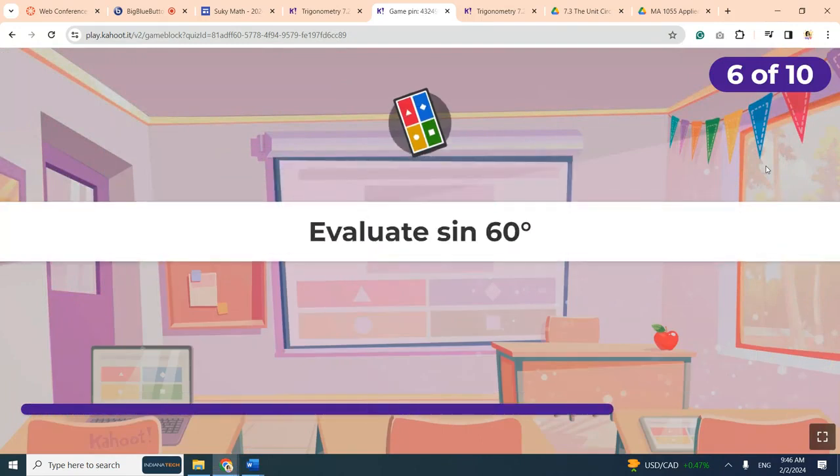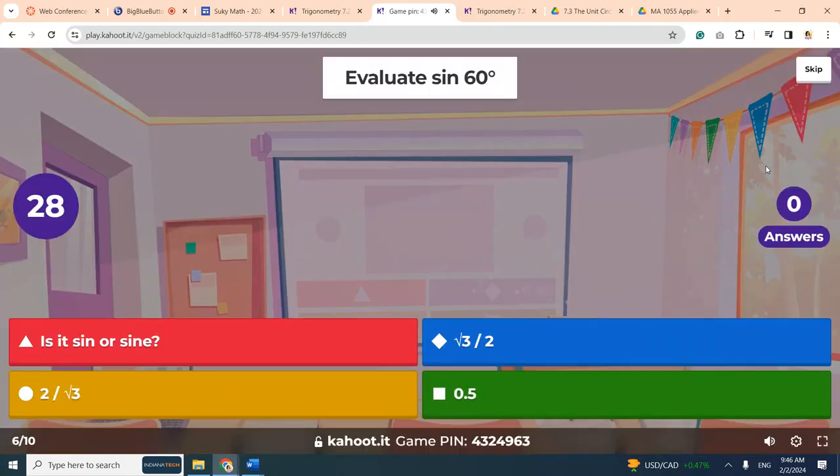Evaluate sine 60 degrees. What over what? You draw on your scratch paper.